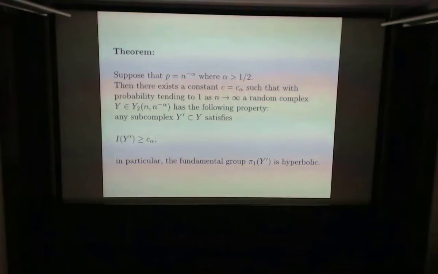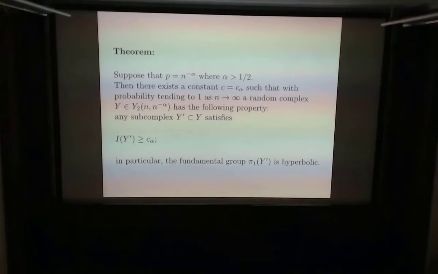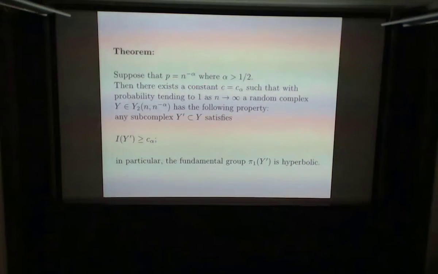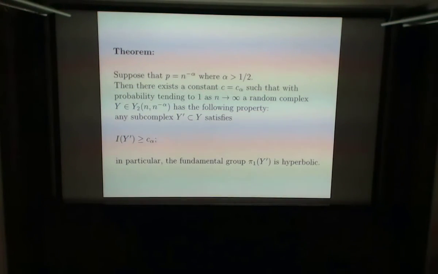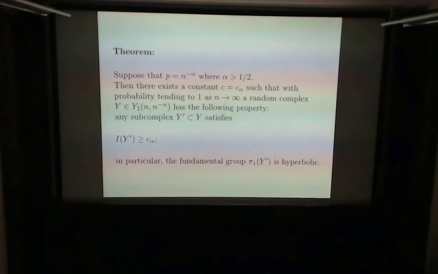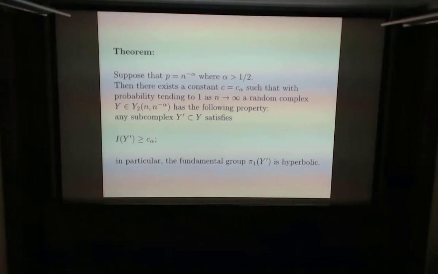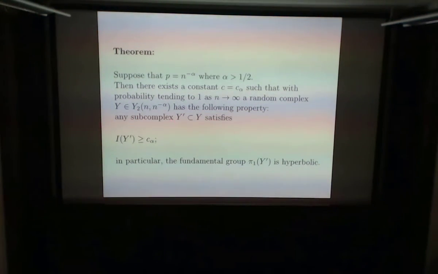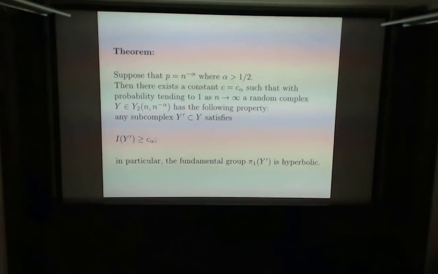And the theorem about uniform hyperbolicity of random complexes says that if we are in this range, where alpha is greater than 1/2, so this is the range where the fundamental group is non-trivial, then there exists a constant such that with probability tending to 1, as n goes to infinity, a random complex Y in the Linial-Meshulam model has the following property: any subcomplex has isoperimetric constant bounded by C alpha.